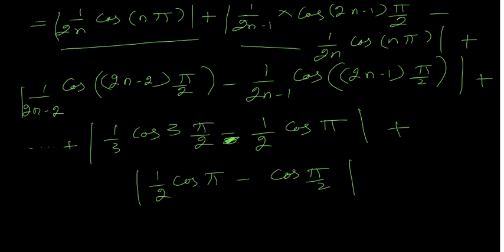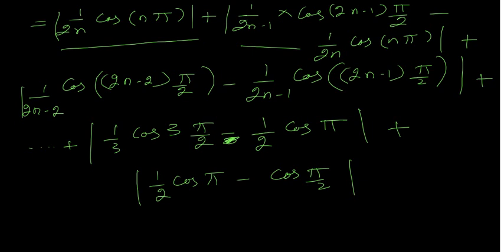It's only plus 1 by 2. And this one is 1 by 2 into cos of pi, which is minus 1, so it's minus 1 by 2, minus cos of pi by 2, which is equal to 0. So minus 1 by 2 minus 0 is minus 1 by 2, and under mod it will be plus 1 by 2. So the last two terms are 1 by 2 plus 1 by 2.